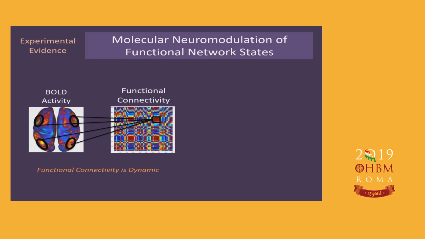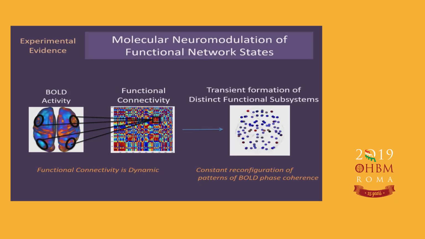But functional connectivity is dynamic, as you all know, so these patterns of connectivity, or squares that we detect in the connectivity matrix and to which we can apply graph theory, seem to be changing all the time. This means that different functional subsystems are constantly being formed over time.